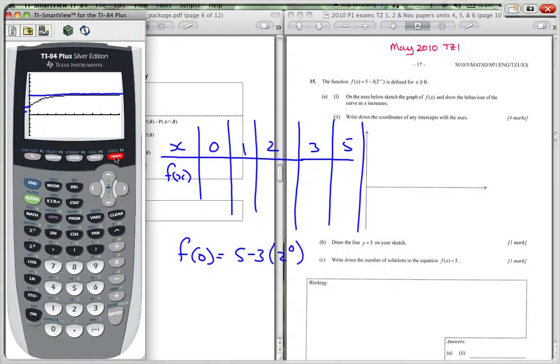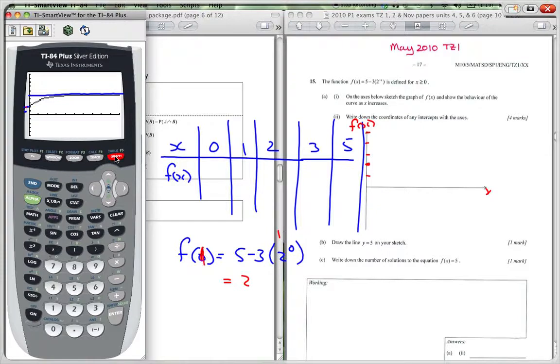Anything to the 0 is 1, so we get 3 times 1, so it's equal to 2. That makes sense from this, doesn't it? We put 1, 2, 3, 4, 5 on our scale, with f of x and x labelled, and we're starting off here.